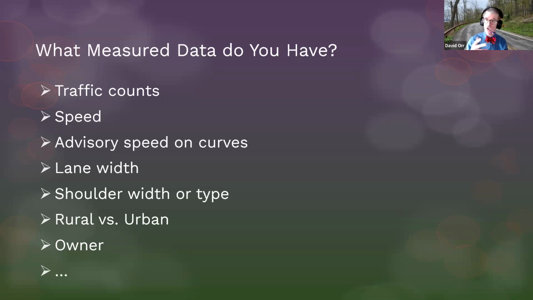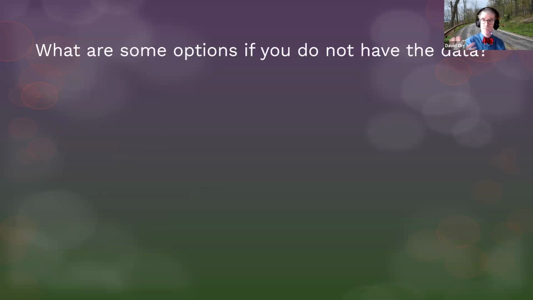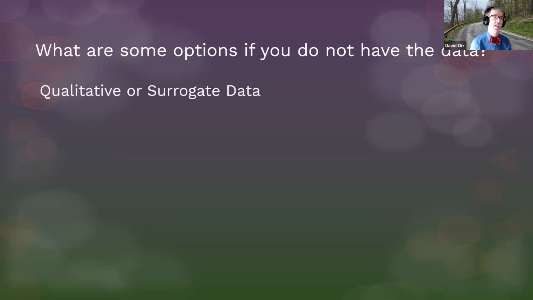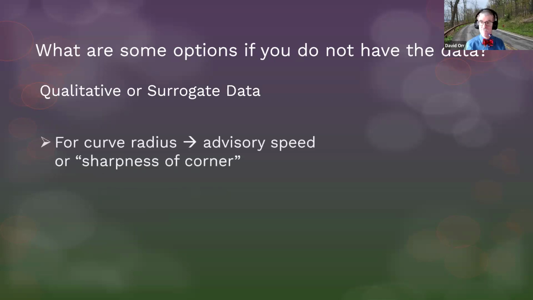So again, we could make a long laundry list, but at the same time, think about those risk factors we did earlier. What are some options if you don't have the data? Okay? So if you don't have the data, you could use some qualitative or surrogate data. As an example, curve radius is related to the advisory speed for the sharpness of the corner.